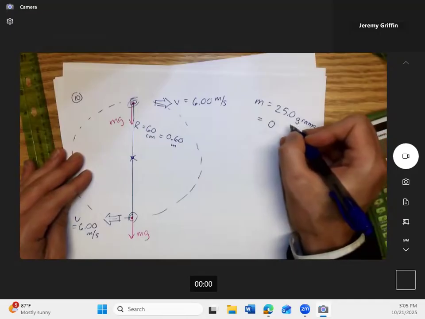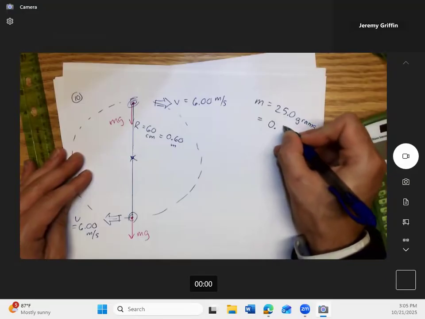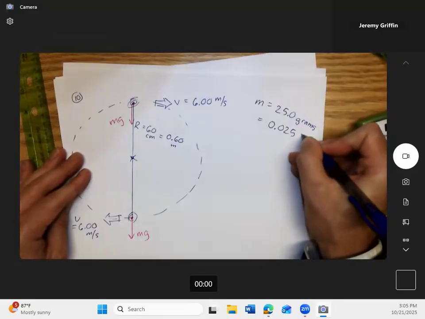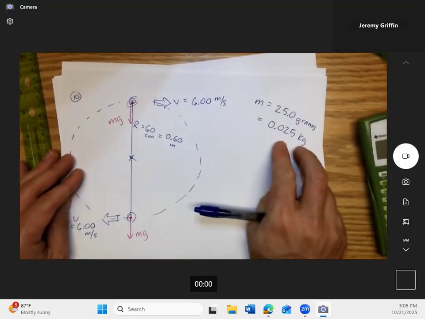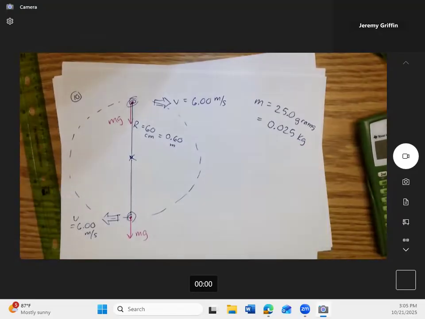It's a factor of a kilo, 0.025. There you go, 0.025 kilograms. Kilo is like 3 decimal places because kilo is 1,000. So that's the number that we're going to feed into the calculator to make equations.